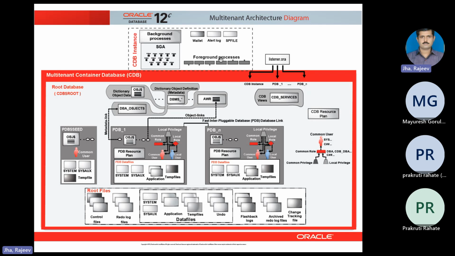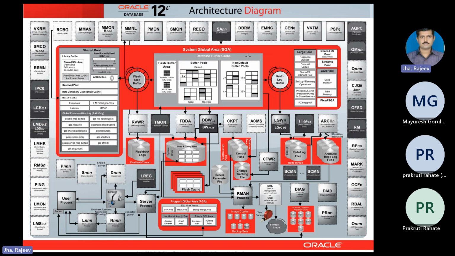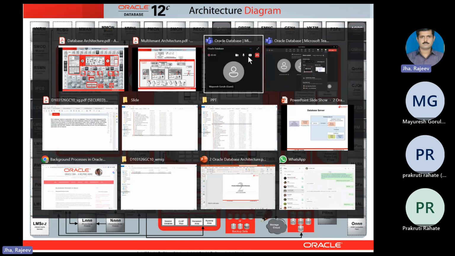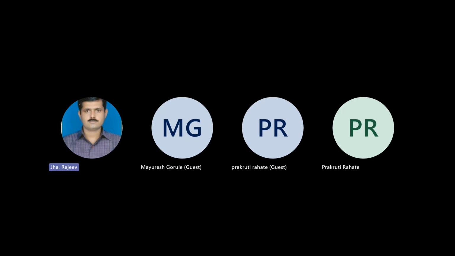So the log file is common for all databases, the control file is common for all databases, and the background processes are common for all databases. We'll talk about it later, but as of now, just try to understand the concept, because we want to go into each in detail, and then you can get an idea how this will work.